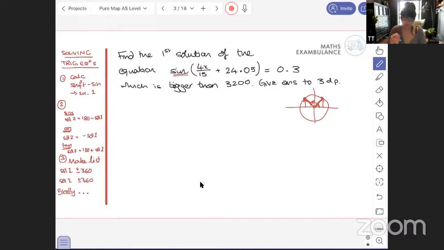Now, number 4, I've deliberately called finally, not number 4, because this is where students tend to go wrong. They tend to mix up step 3 and the final step. So what students will do, and I see this all the time in exams, is that they will do the inverse and then get the first solution and then take off 24.05 times by 15 divided by 4, and then try and get a list of other solutions.